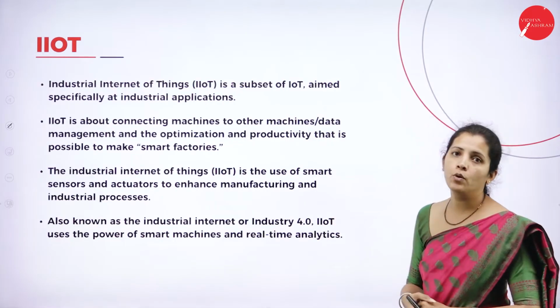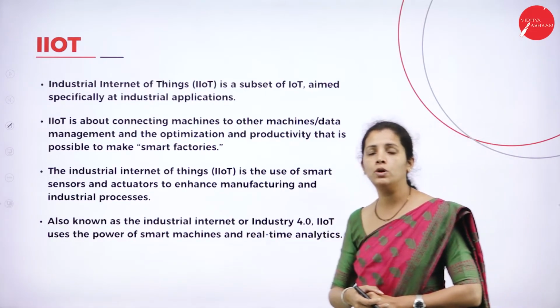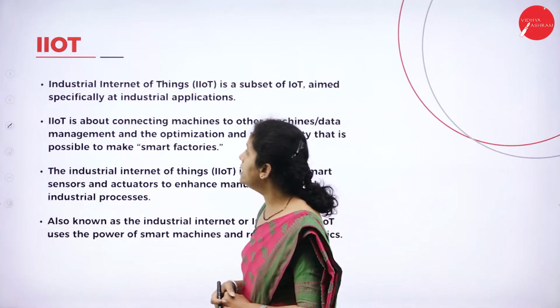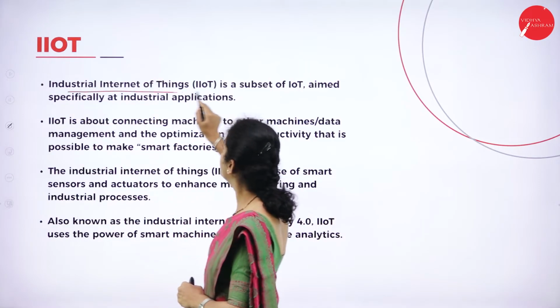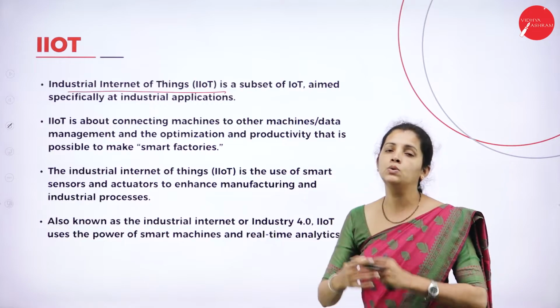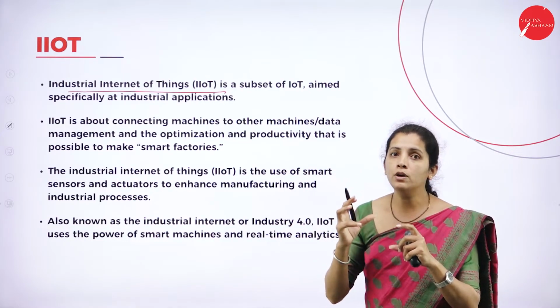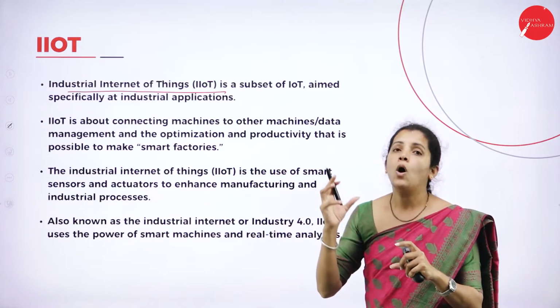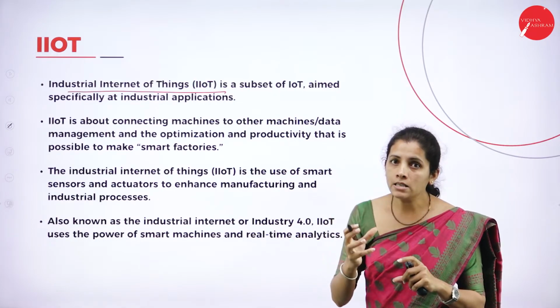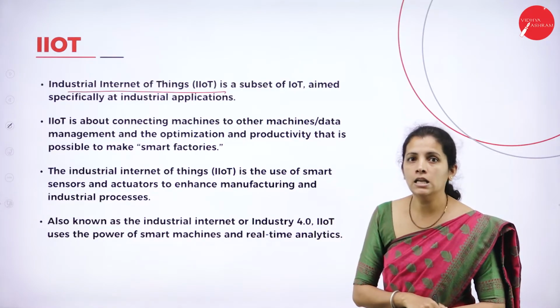Moving further, I'm going to have IIoT. So what is this IIoT? It's nothing but Industrial Internet of Things. Till now, what we discussed is related to our real life, that means how we can manage all the devices which we use in our daily life.